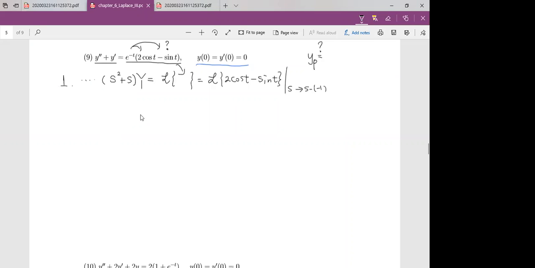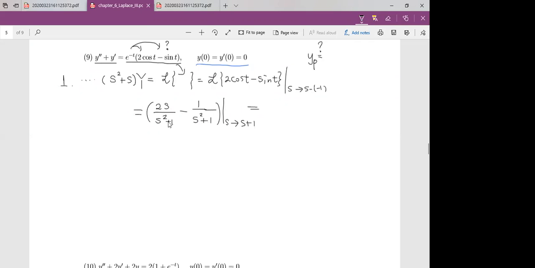So it's going to be 2s over s squared plus 1 from the table. And then you replace every s by s plus 1. Whew, scary. So replace every s by s plus 1 here. Again, it's time to pause a little bit to keep it organized. You can keep it separated as it is.